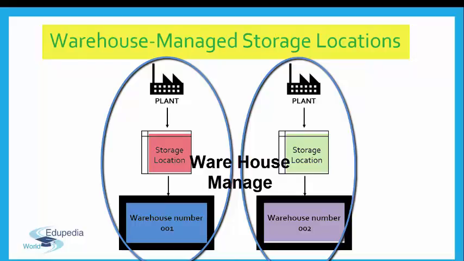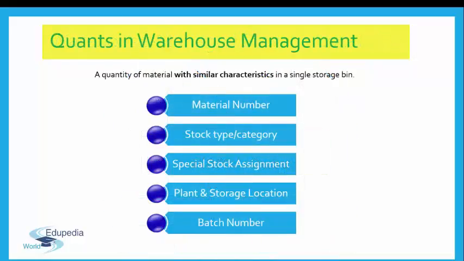Now, we realize that in inventory management, as we are managing our stock at storage location level, we are able to view stock quantities remaining in a storage location based on the actual unit of measure that that material possesses.